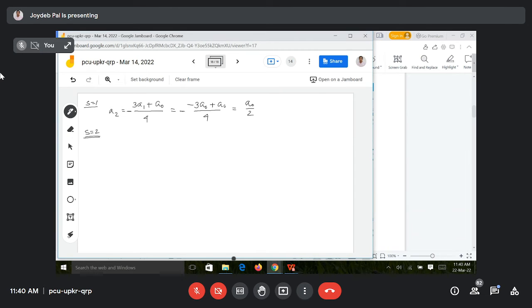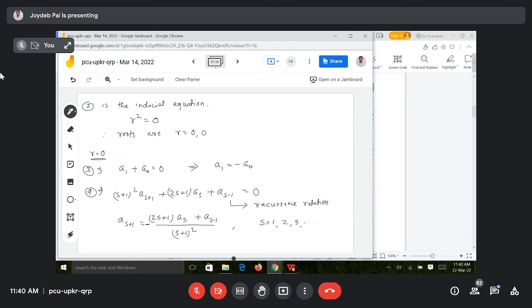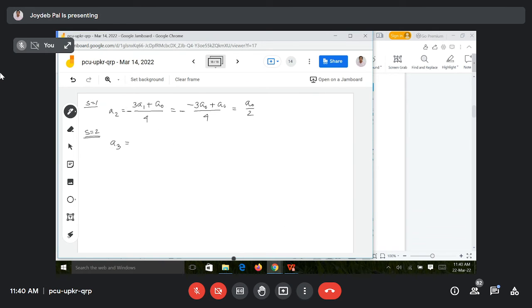For s is equal to 2, sir, that minus outside should be the whole minus, right? Yes, whole minus. Sir, then it will be minus a0 by 2. Sir, minus 3 a0 minus a0. Sir, see, a1 is equal to minus a0, I have put.